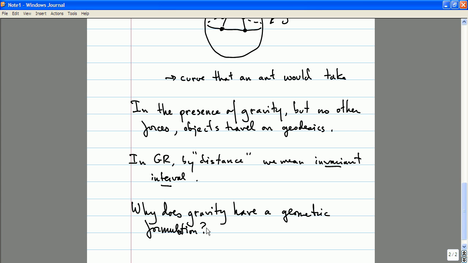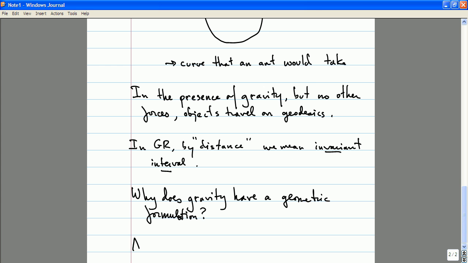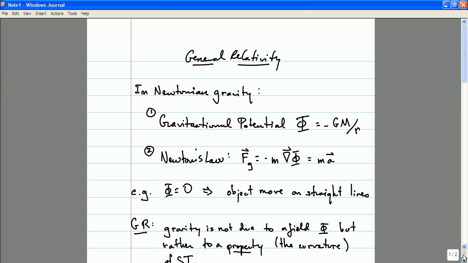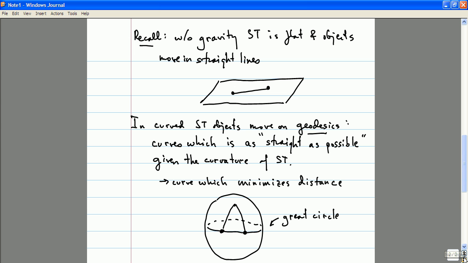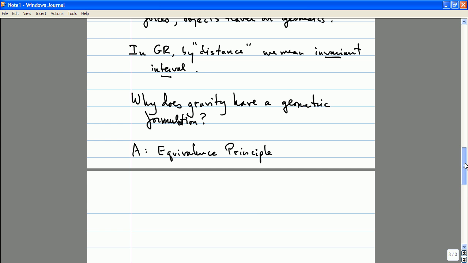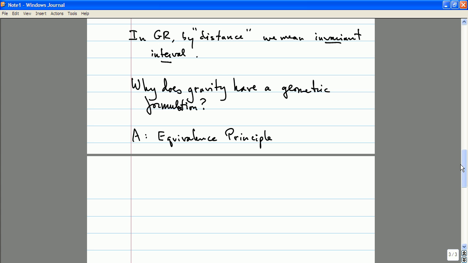And the answer is something known as the equivalence principle. So, the basic observation of the equivalence principle is the following. And in fact, it's something that we can understand just as a statement about Newtonian gravity.